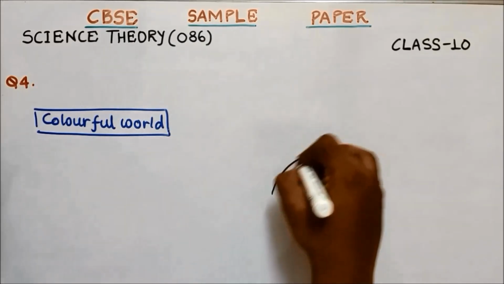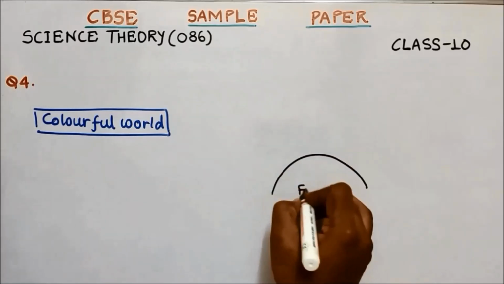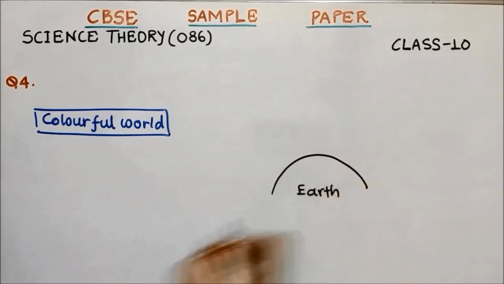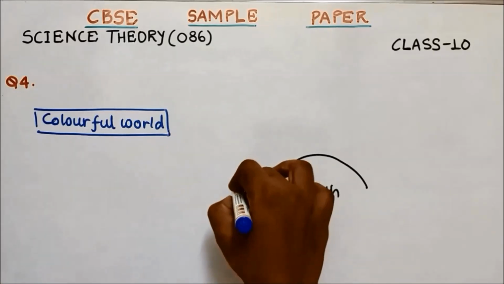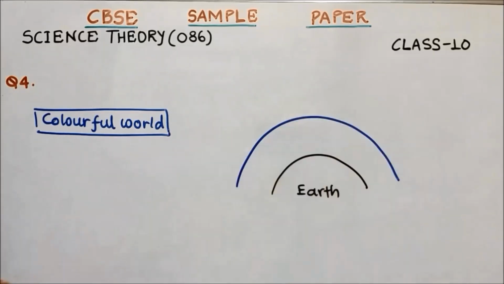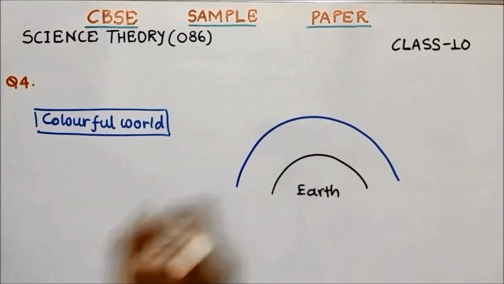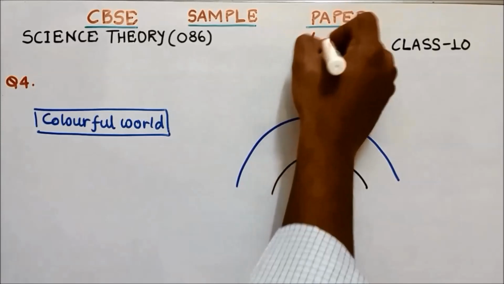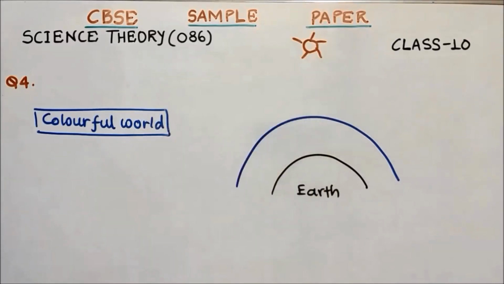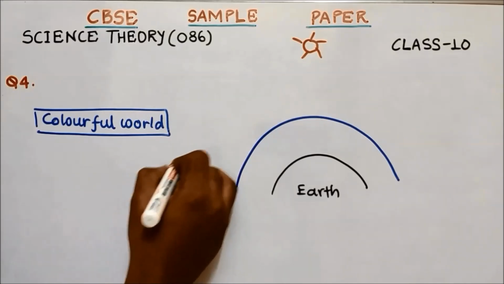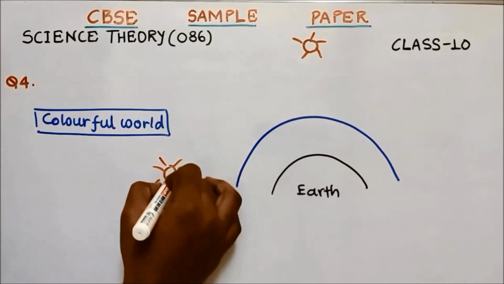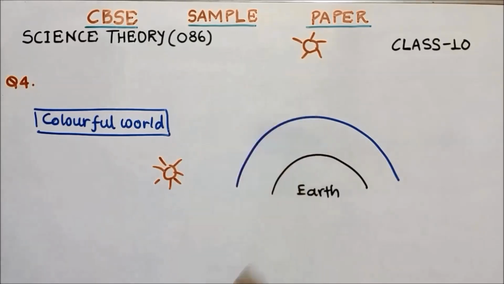Let us assume this is Earth, a portion of Earth, and Earth is surrounded by the atmosphere. So this is the atmosphere. The sun is far away. So this is the sun, and let's take the sun at 2 different positions, one at the horizon and two overhead.